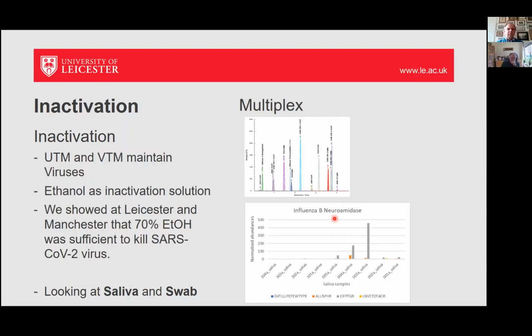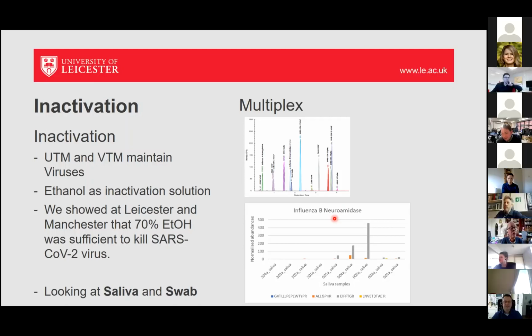In terms of multiplex, we could demonstrate this very easily with recombinant proteins. One of the great advantages of this whole process was that the logistics worked very well to deliver certain reagents, so we were able to get influenza and cold virus. But one of the problems we face with the multiplex is that no one this year has had a cold or flu.